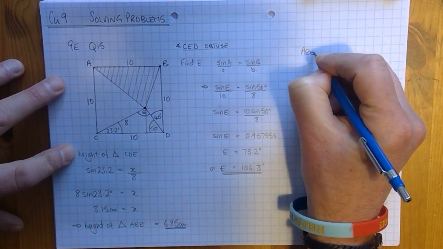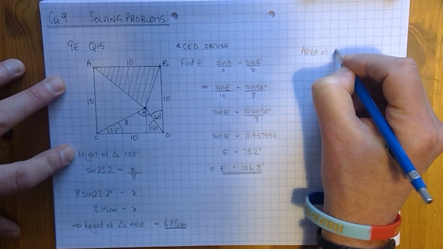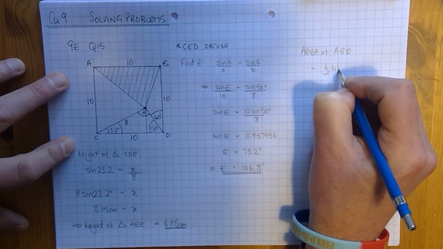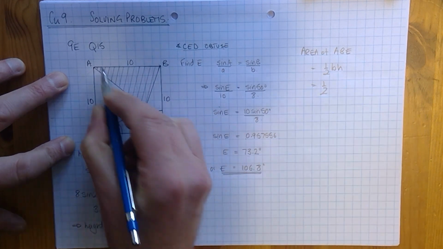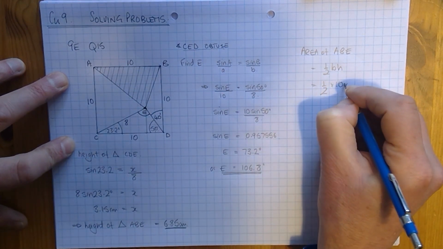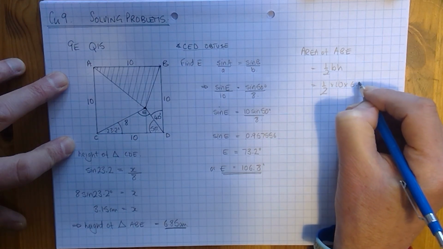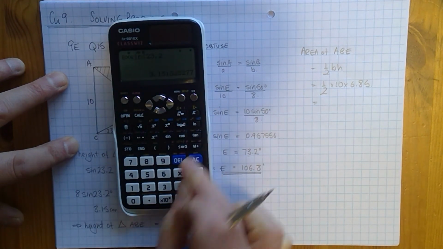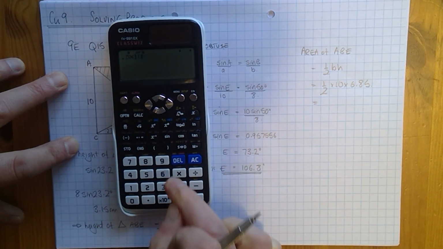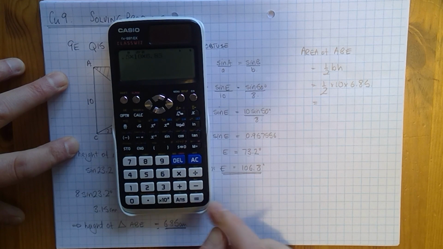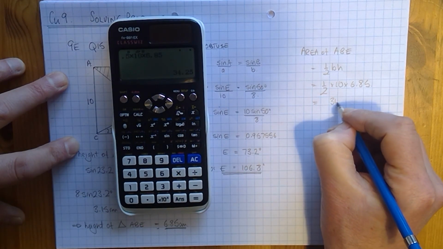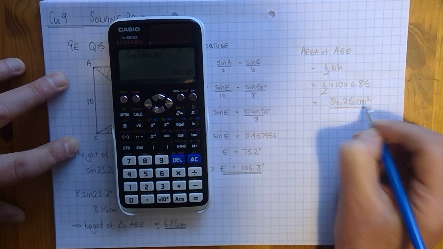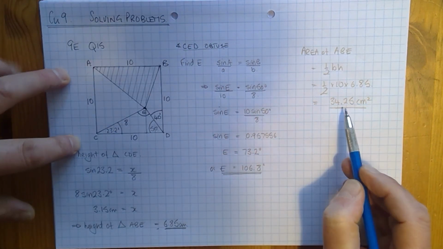So area of ABE is half the base times the height, which is half times 10 times 6.85. 0.5 times 10 times 6.85 is 34.25 square centimeters.